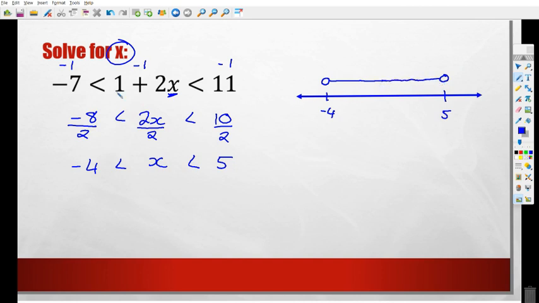So all these inequalities are saying that x is any value in between -4 and +5. All the values in between there, and this is what the number line represents. So all these values, not including -4 and not including 5.